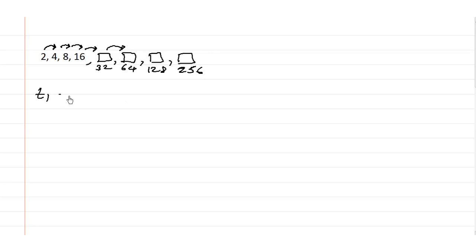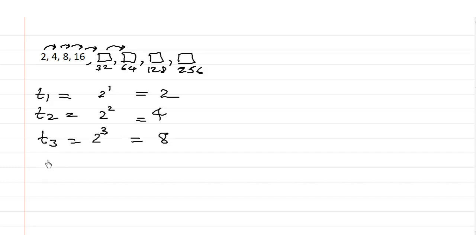So we can write T1 as 2, T2 as 4, T3 as 8. You can observe that this is 2 cubed, this is 2 squared, this is 2 raised to 1. So T4 should be 2 raised to 4, which is 16. Then the fifth term is 2 raised to 5.